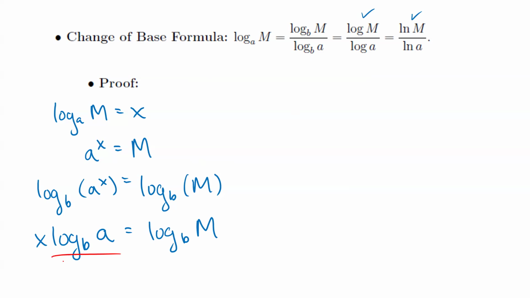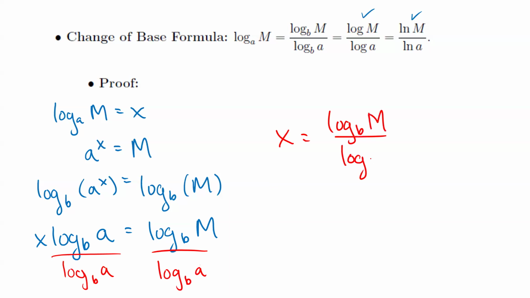So I can say, let's divide by log base b of a on both sides. And so you're left with x is equal to log base b of m over log base b of a. And so, of course, you have both sides of that equation both equaling x, so they must, in fact, equal one another.